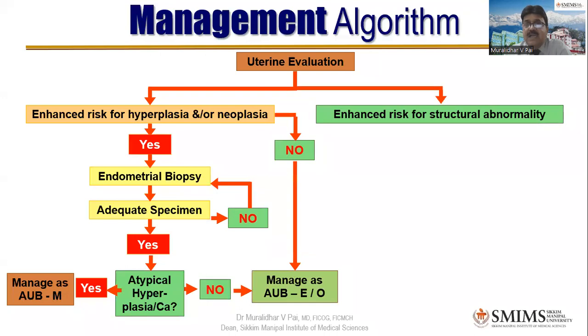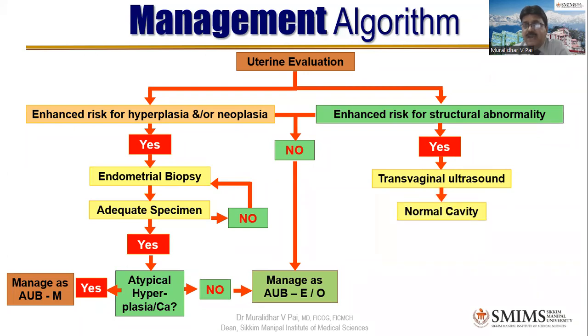Next thing is, there is enhanced risk for structural abnormality. Then you do an ultrasound, transvaginal sonography. If the cavity is normal, then of course you can manage it like a case of AUB-E or O. That means AUB-E and O are very important and commonly thought of, which was formerly called DUB.